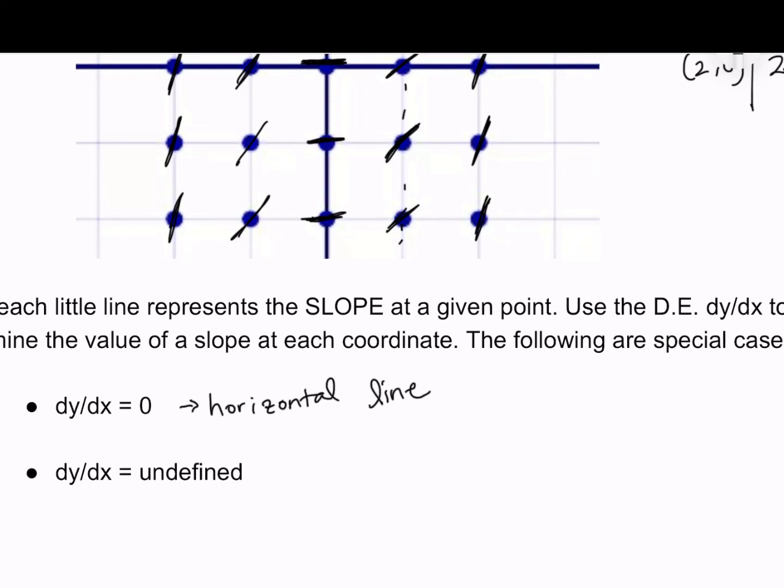If you were to get that dy/dx is undefined, an undefined slope, you're just not going to put anything. So whenever there's an undefined slope, no slope means leave it blank. Okay, so at an undefined point, there's no slope, so leave it blank.